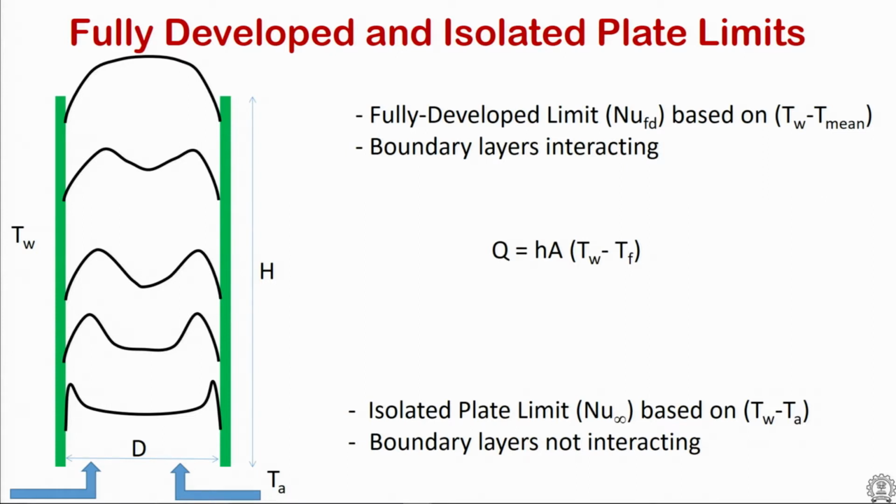As the flow rises, initially very close to the inlet at the bottom shown here, one can think of it as an isolated plate limit, that is, the boundary layers are not even interacting.